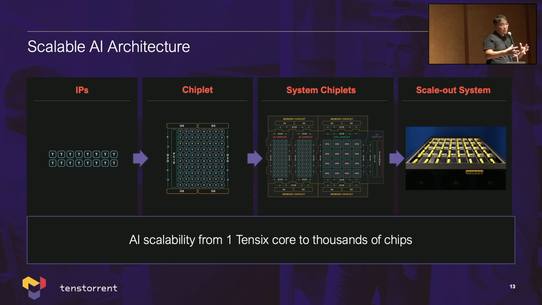And we use SIPs and connect them together. You can see the Galaxy system in this example has 32 Wormhole cards in there, forming a larger computation device. So it's a scalable architecture, right? All the way from a single IP to chiplet. Chiplet is also scalable based on your packaging technology. And then based on your system requirements, how many units, what power consumption you have, you can form a larger scalable system. So it's a completely scalable technology.